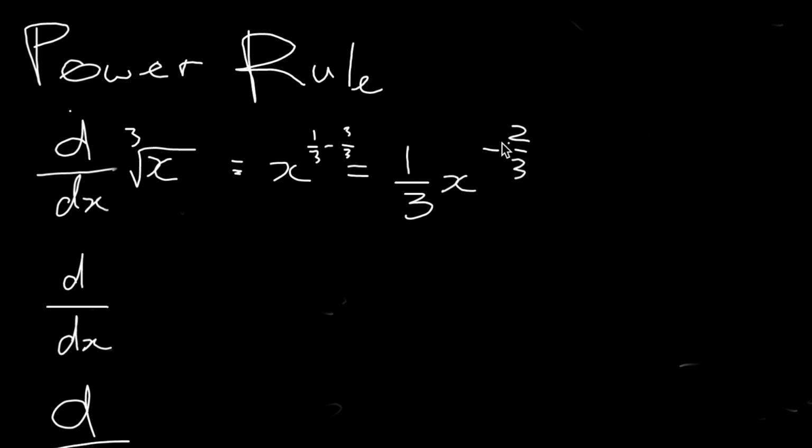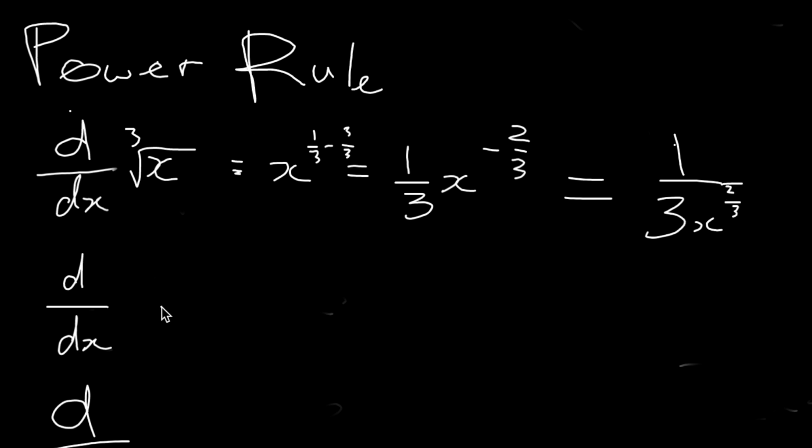So 1 minus 3 is minus 2, so we have minus 2 over 3. Okay, so same thing, we need to move this x under here with the 3. So we're going to have 1 over 3x to the power of 2 over 3.